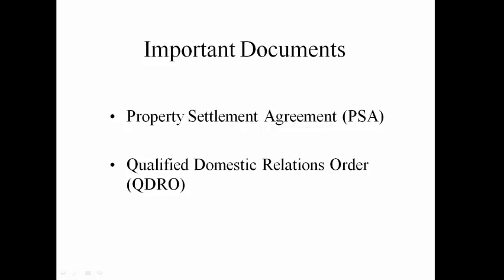A QDRO begins as a DRO, a domestic relations order, and it must go through some hoops and whistles in order to become a QDRO. And we'll talk about that a little later too. So we have an order that codifies the retirement plan provisions of the PSA.